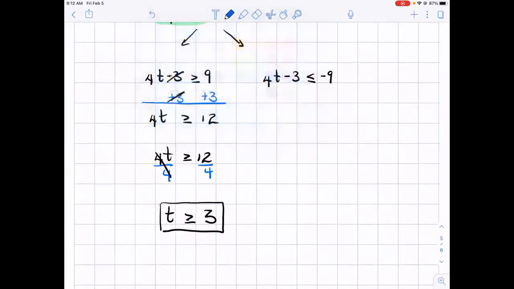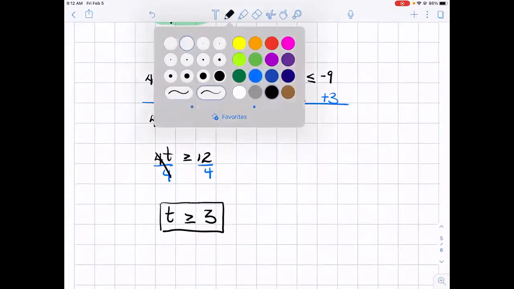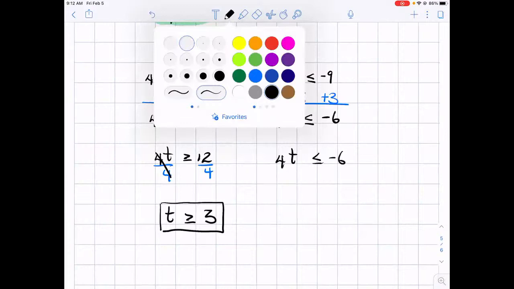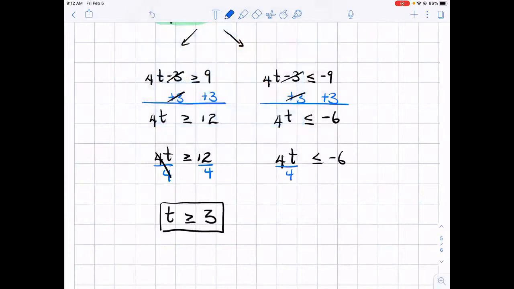If I look at the other part of the problem, I will add 3 to both sides as I did. And that leaves me with 4t, and the minus 3 and the plus 3 become 0. And then minus 9 plus 3 becomes minus 6. To leave t by itself, I will divide both sides by 4.